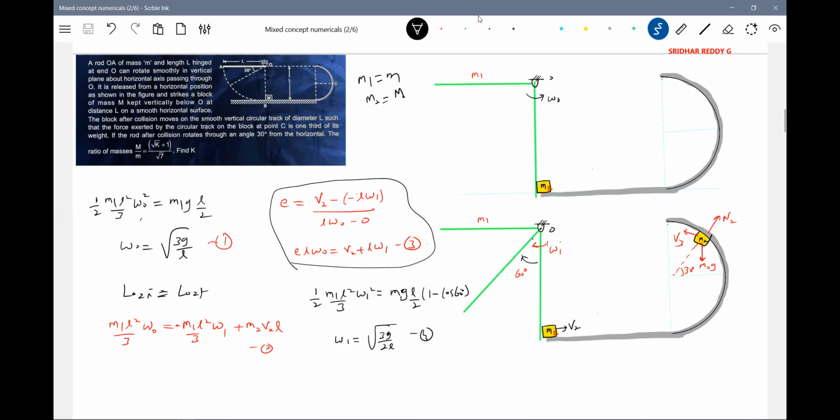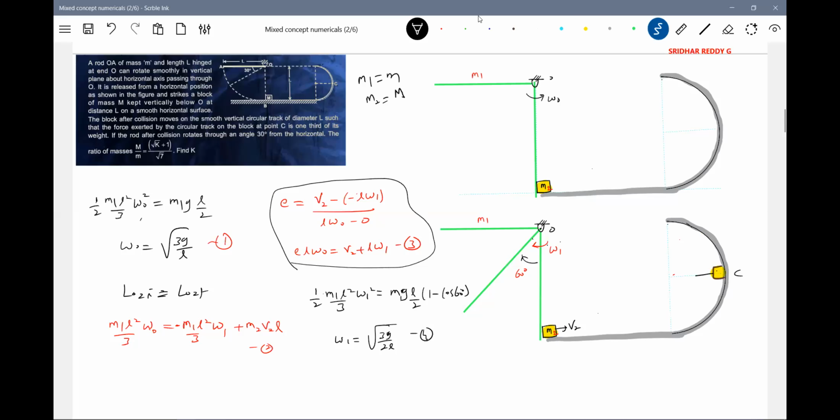Can we bring the V2 from here, applying conservation of mechanical energy? On the block at point C, it's 1/3 on point C. Point C is here.